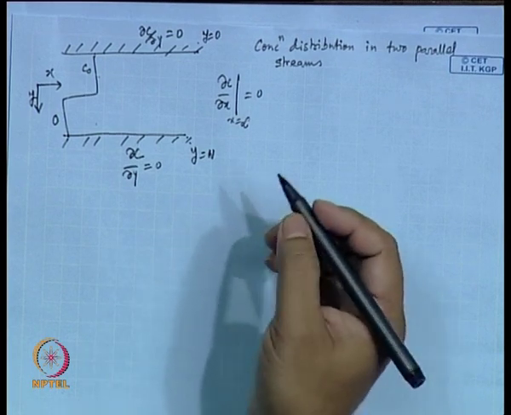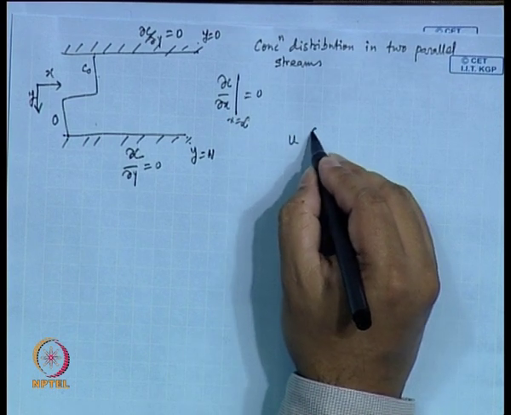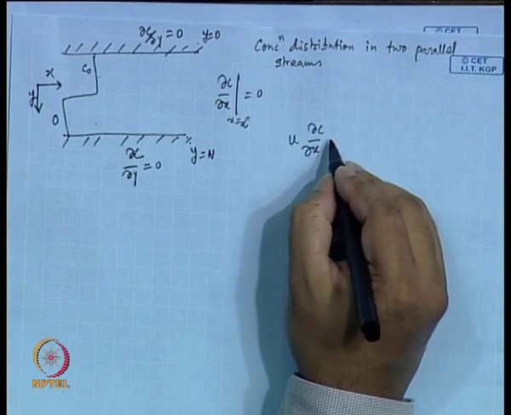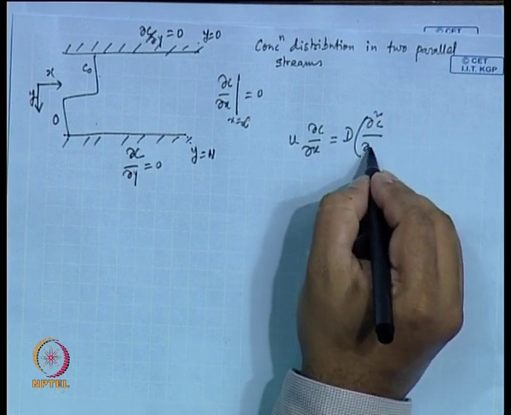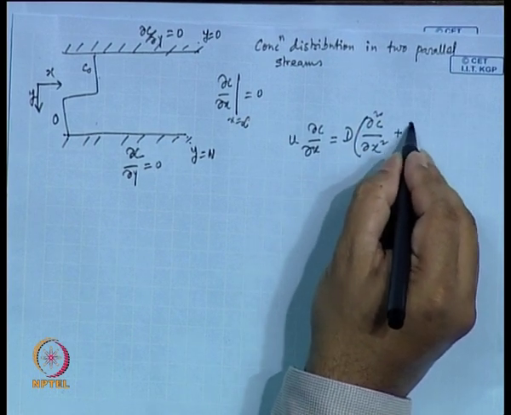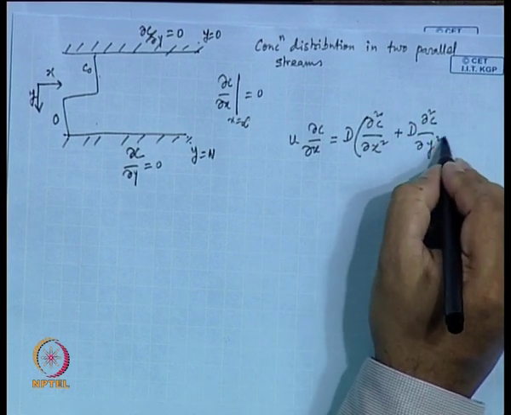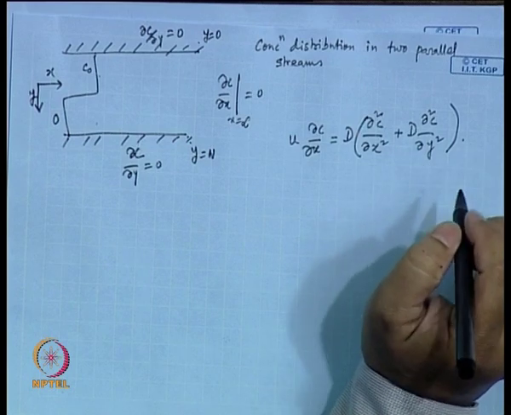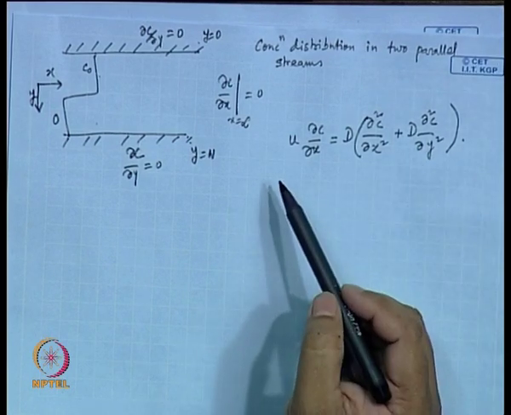Now, if you write the governing transport equation, you should be writing it as u del C del x is equal to D del square C del x square plus D del square C del y square. You have diffusion going on.